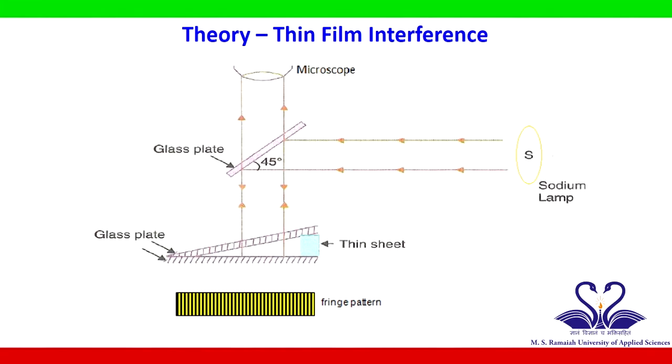When a monochromatic light source is used, interference fringes in the form of alternate dark and bright bands are obtained. Bright fringes correspond to regions of constructive interference and dark fringes correspond to regions of destructive interference.